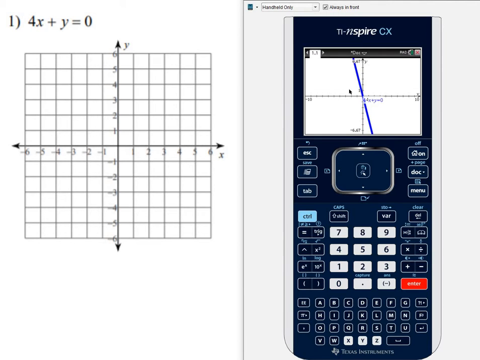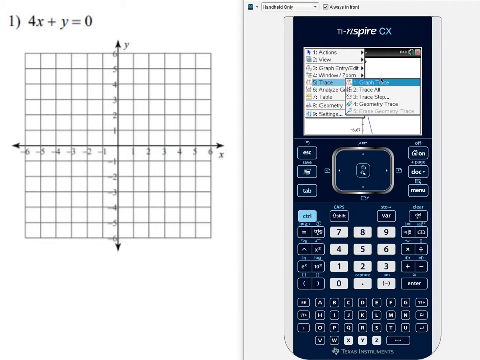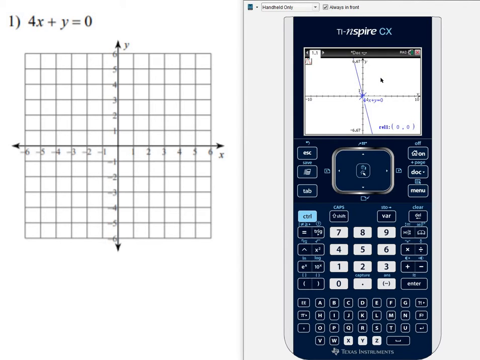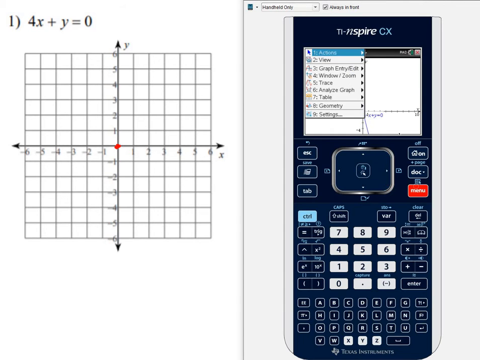Okay, and to make sure that I'm accurate in my point, I'm going to go ahead and go to menu, trace, and graph trace. And so I'm just going to put some of the points that I see that it gives me. So if I go over on my calculator, menu 5, 1.